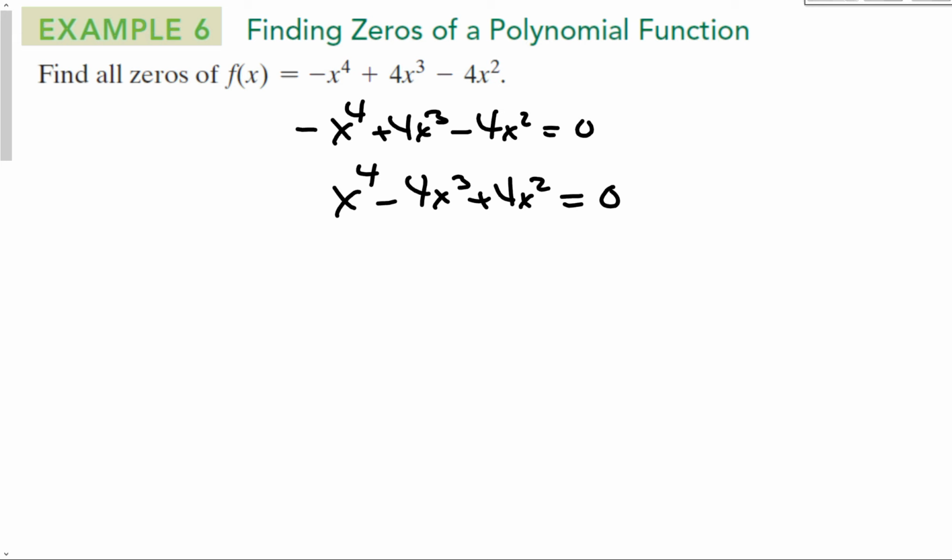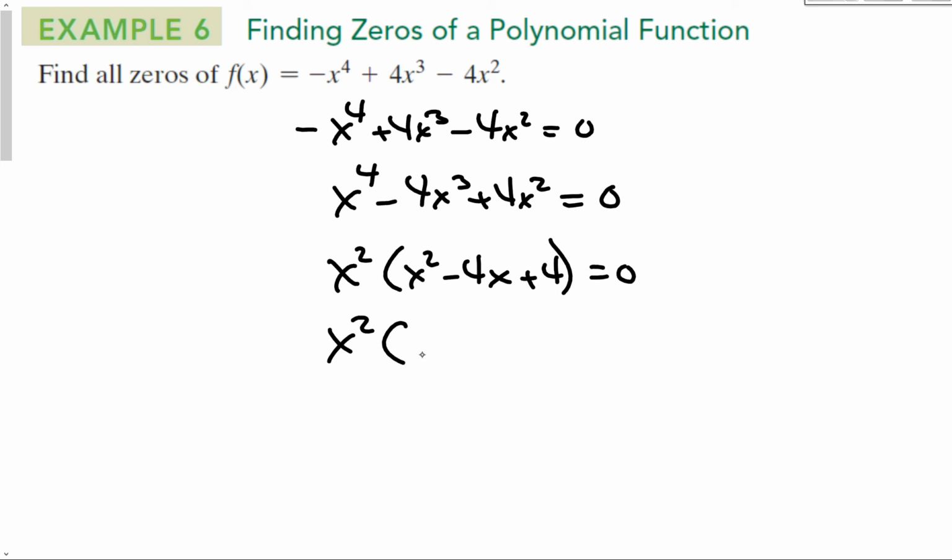And when I multiply the right side by negative 1, that just turns into 0. Okay. Now I can factor out an x squared because that's what's common with all 3 of these. So x squared times x squared minus 4x plus 4. Factoring this trinomial, of course, gives me x minus 2 times x minus 2, which is x minus 2 squared.